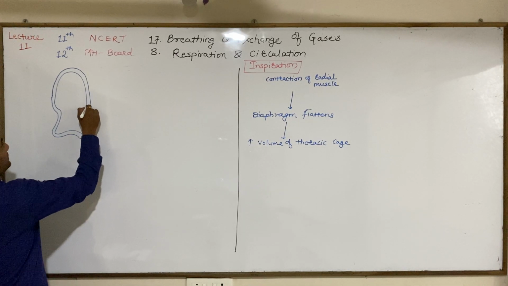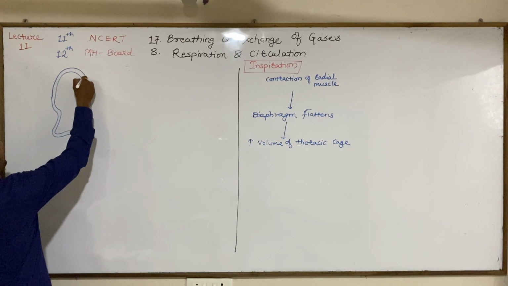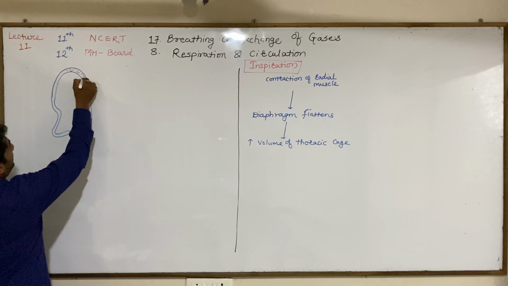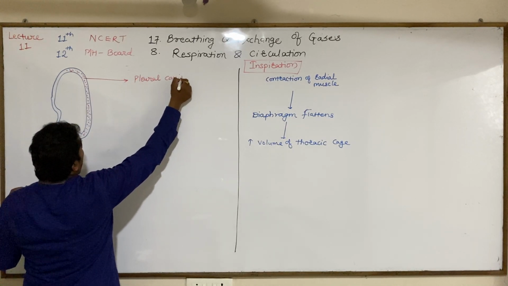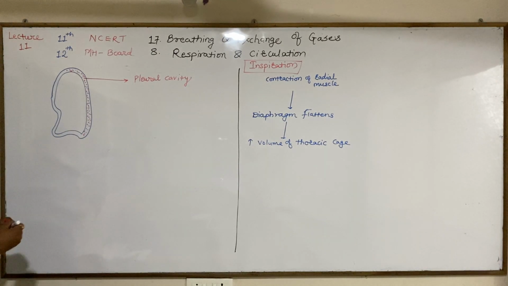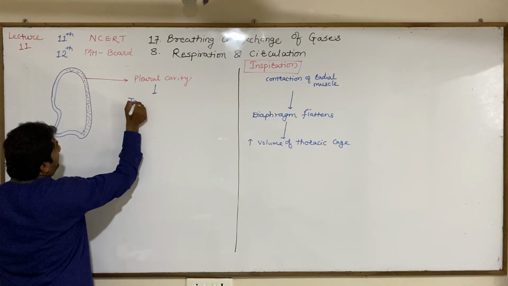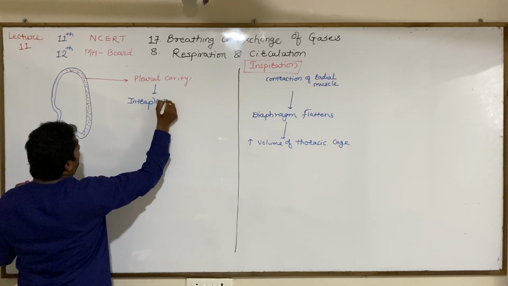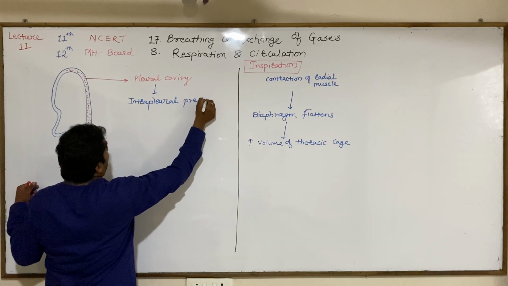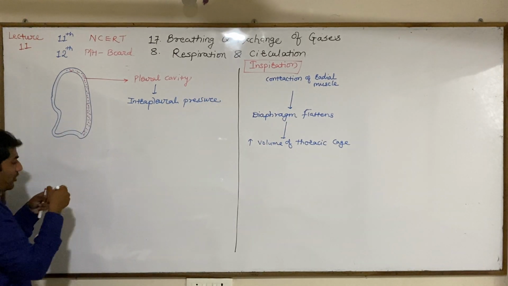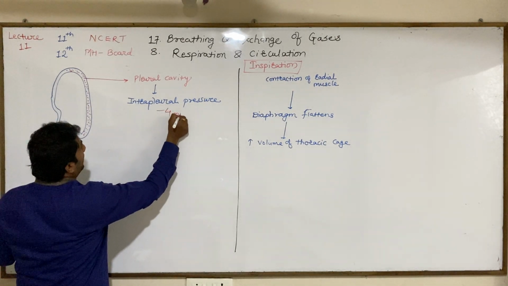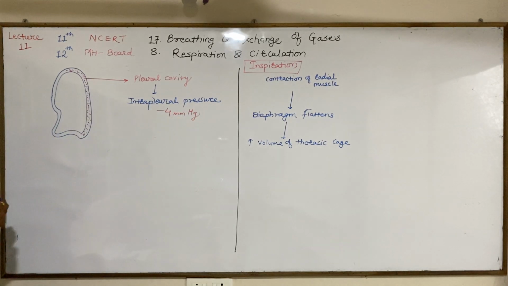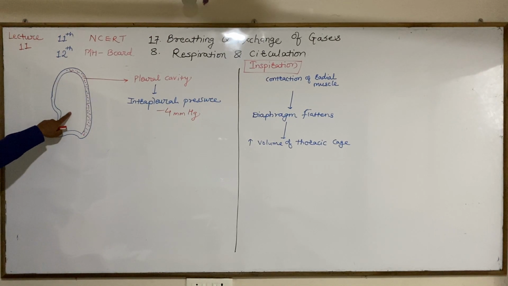The pressure in the pleural cavity is called intrapleural pressure, which is always very important, -4 mmHg. And the pressure inside the lung is called intrapulmonary pressure.